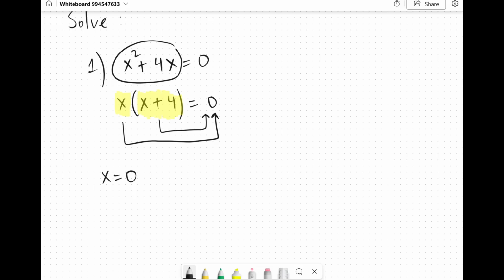Your first x is 0. And then you're going to write x plus 4 equals 0. Now this is not finalized. You still have to move the 4 to the other side to get your second answer. But that's simple. We just move it through subtraction, and we get x equals negative 4. So this equation has two answers, a 0 and a negative 4.